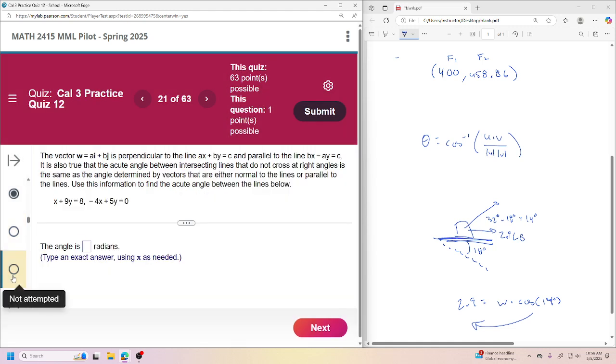Cool. Yeah, this is another one like that. So, okay, I want to find the angle between these two guys. It almost makes me feel like I can just put it into Desmos. I don't think that's going to actually work, though. Don't we need to find the slope between them, the two slopes?